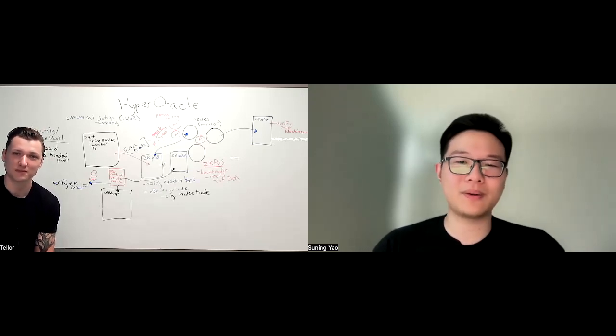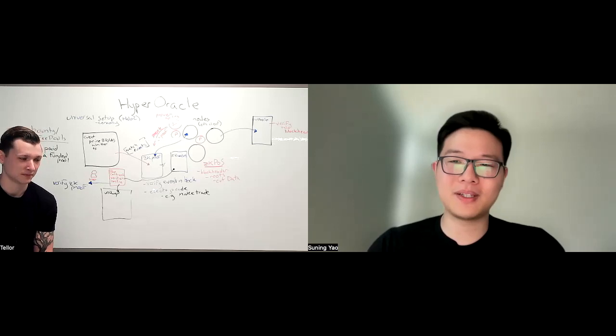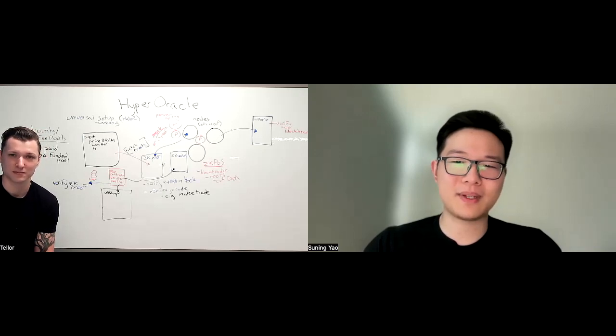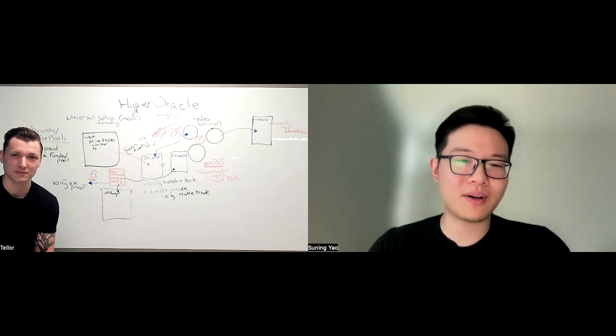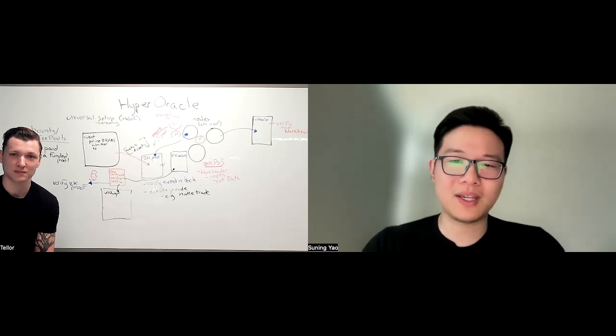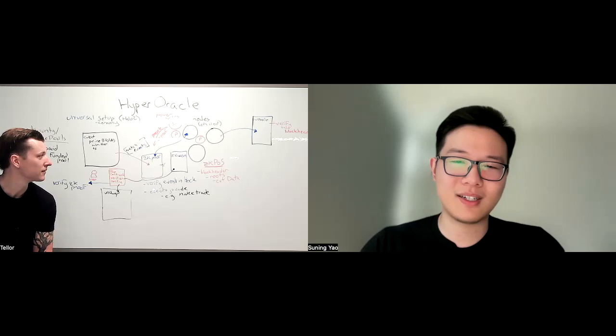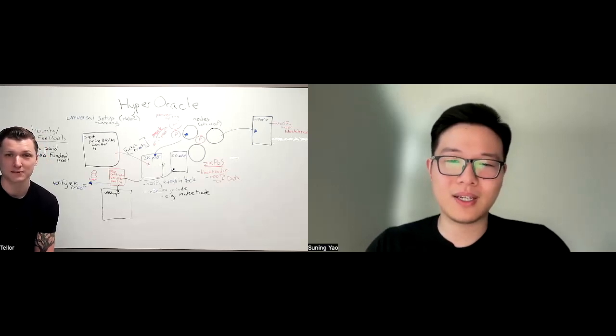I think it's good because people are debating that, and eventually we will have some winners in the ZK hardware race, and we can take advantage of that. We can have a really good proof generation speed, and this will make the whole ZK ecosystem much better.